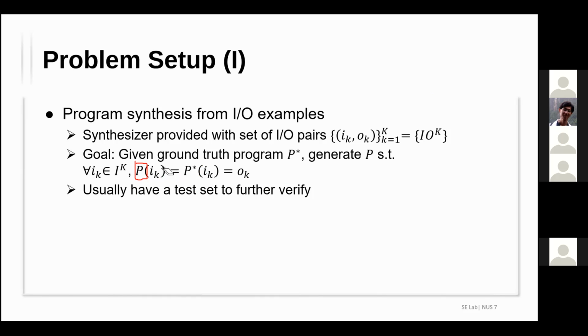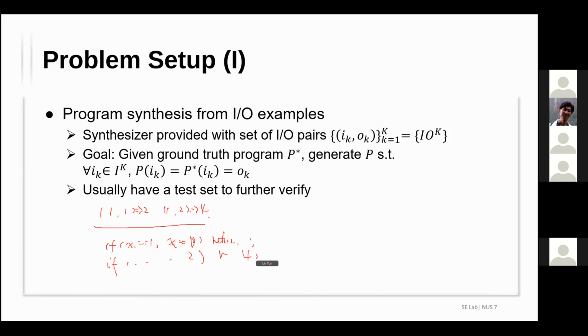So giving the input 1 and 1, we get the output 2, and giving 1 and 2 it will output 4, right? In this case, the most trivial way to synthesize the program is: if x1 equals 1 and x2 equals 1, then we return 2. And similarly, if it's 1 and 2, we return 4, right?